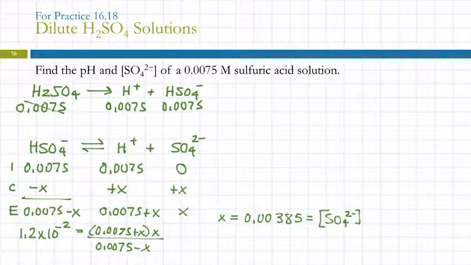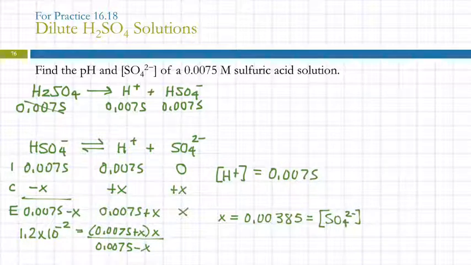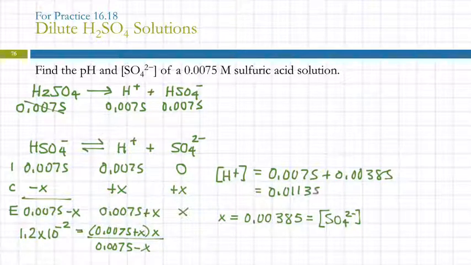But there's the sulfate ion concentration. What's the hydrogen ion concentration? Well, it's this guy right here. It's what I started with from the complete ionization of the first one, plus the x that I just found. So 0.01135.